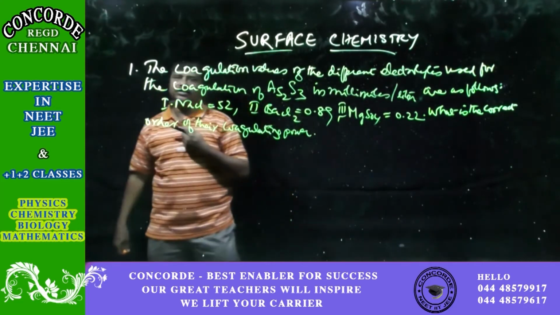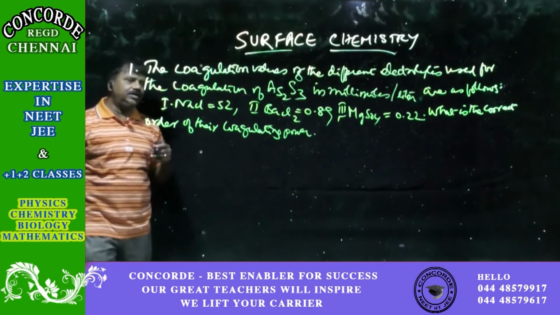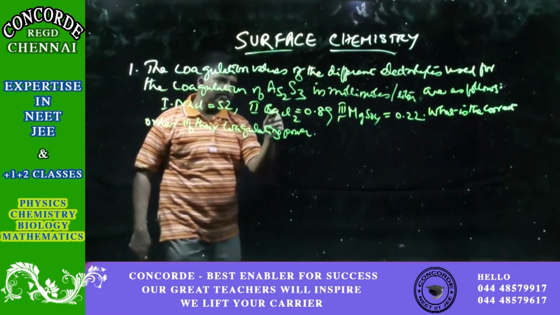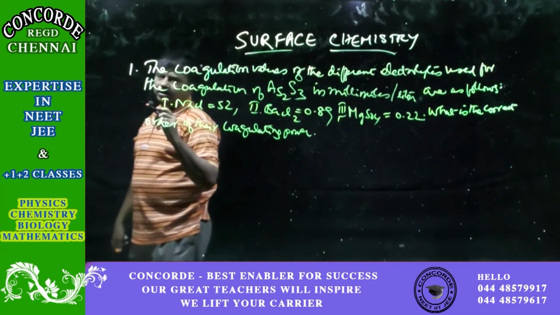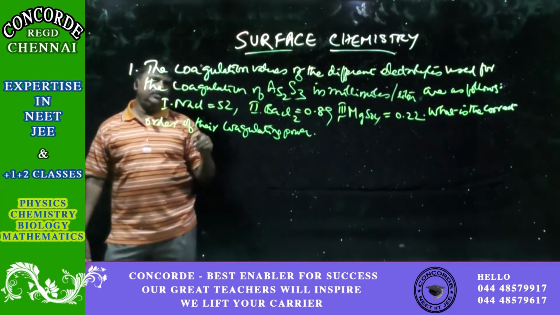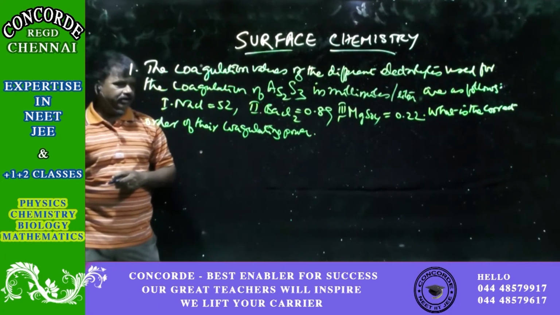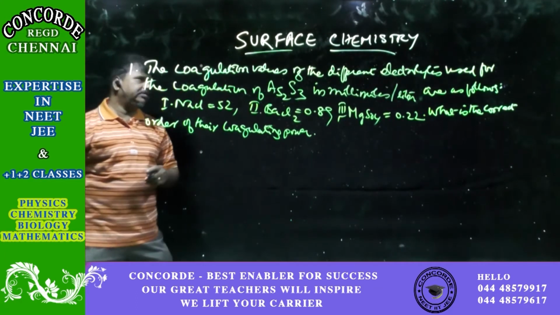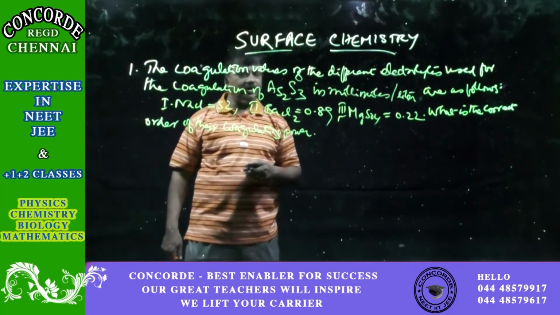As2S3 is the colloid. This colloid of As2S3 is coagulated using three different electrolytes, namely NaCl, BaCl2, MgSO4. These are the three electrolytes which are used in the coagulation of As2S3, arsenic sulfide. And their coagulation values are given: 52, 0.89 and 0.22.